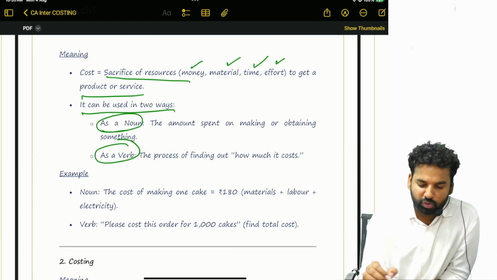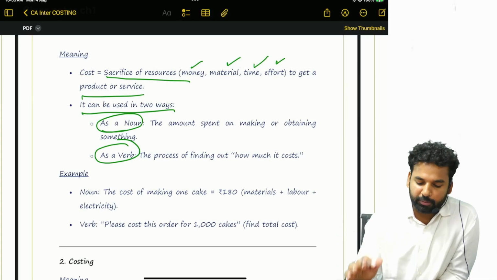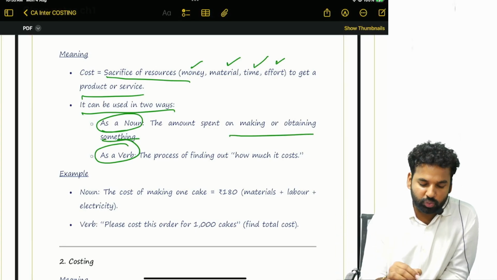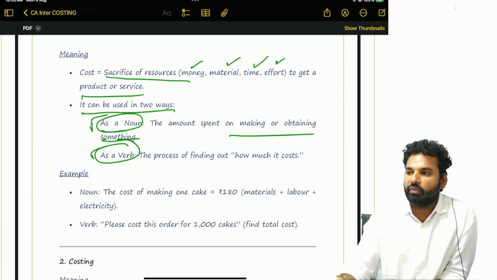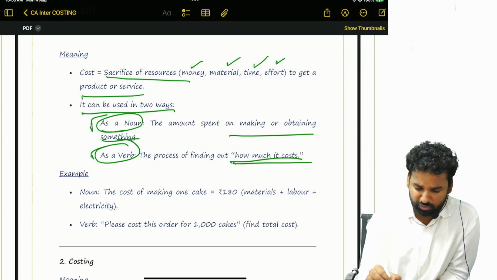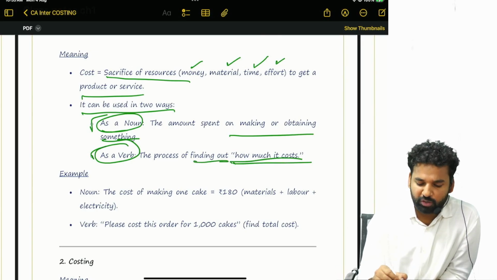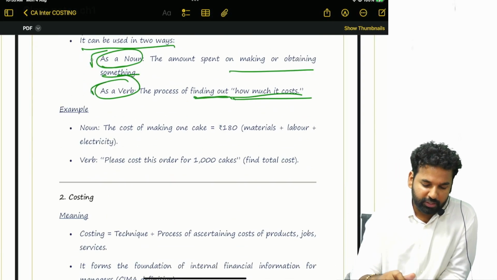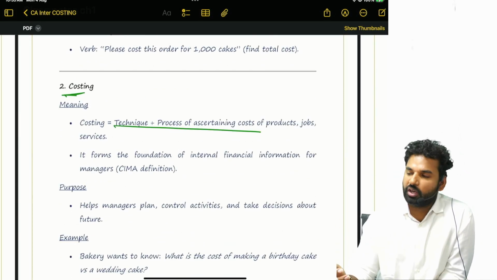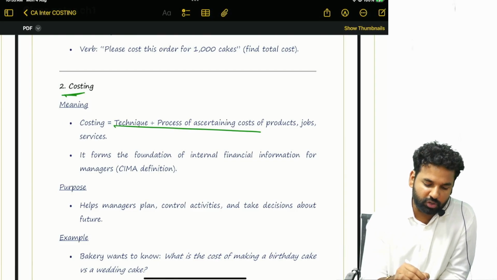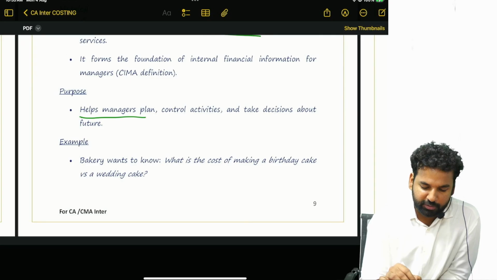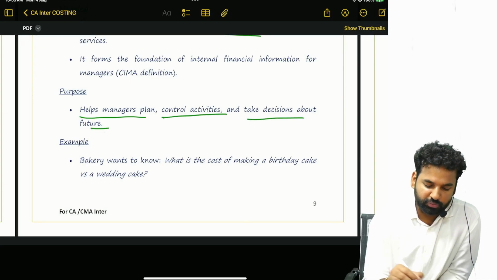As a noun, it is the amount spent on making or obtaining a product or service. Verb means the process of arriving at the cost: evaluation of how much it costs. Finding out how much it costs is a verb. Next, costing means the technique or process of ascertaining the cost of a product, jobs or services. Its purpose is to help managers plan, control activities and take decisions about the future.